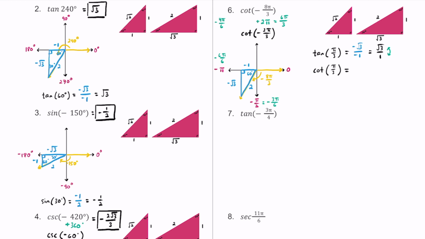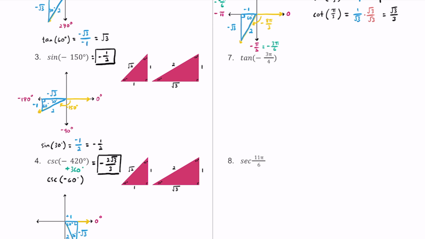That's 1 over root 3, which is a little bit more work for us. We just have to make sure we rationalize the denominator here, multiply by root 3 over root 3. If we do that, we get root 3 over 3. All right, so our ratio here is going to be positive root 3 over 3. That will be our answer.